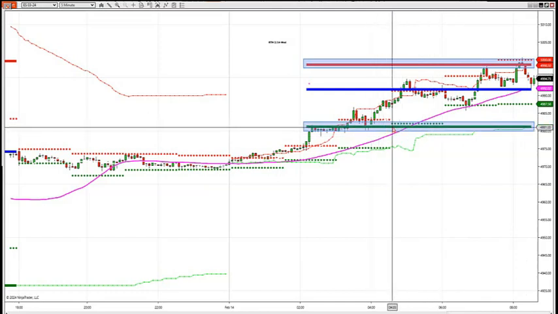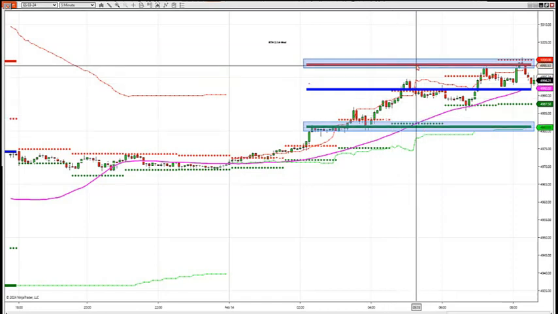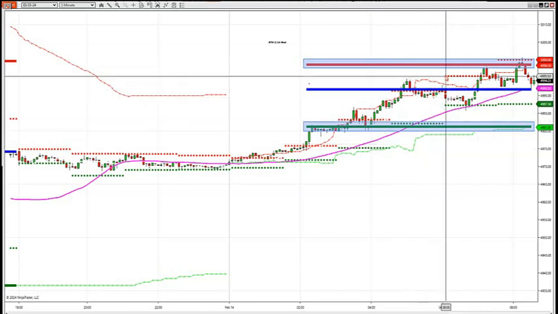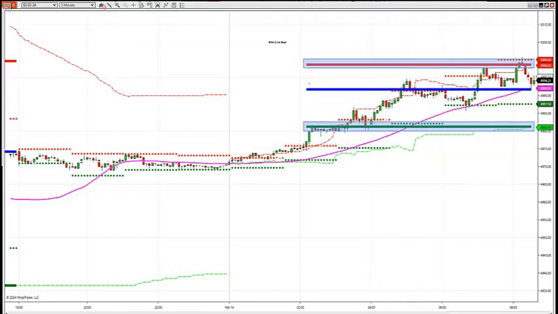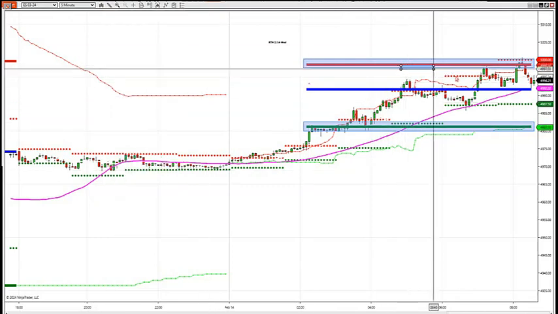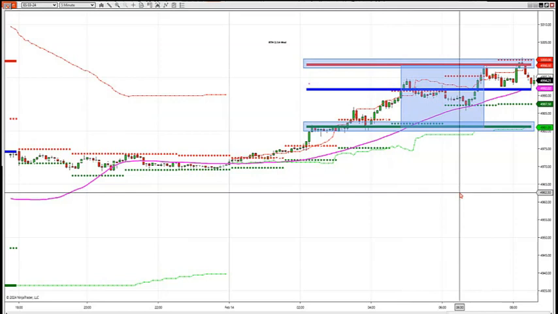This is low value where the market should bounce. This is high value where the market should fall. Now what happens, that's what's called a balanced market. So inside of this level, since the last 39 years, inside of this level is called a balanced market.